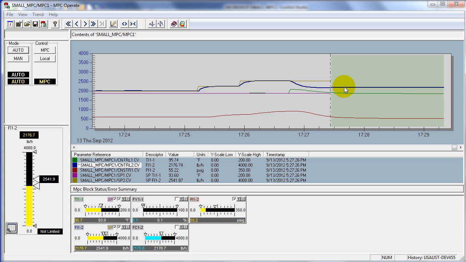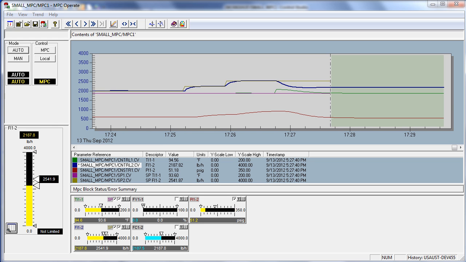So we reduce the flow rate only enough to keep us right at the ragged edge of our temperature control, right on temperature set point. So we're maximizing the throughput under this operating condition of our plant.